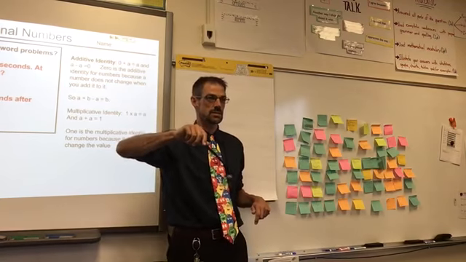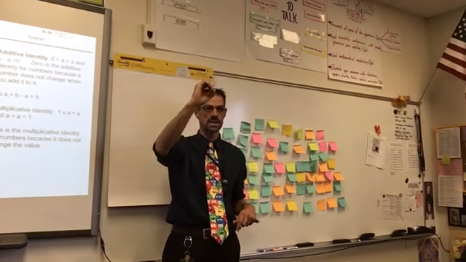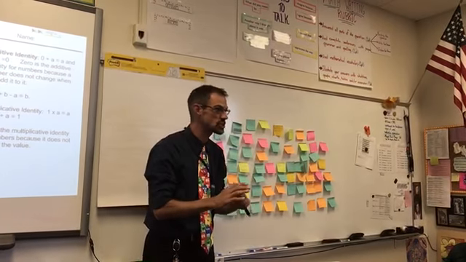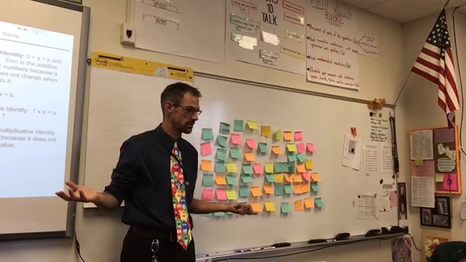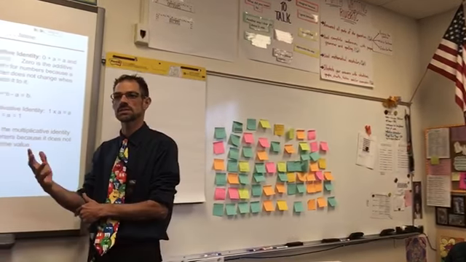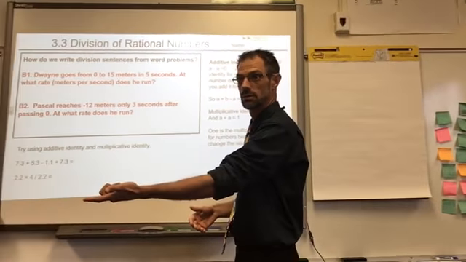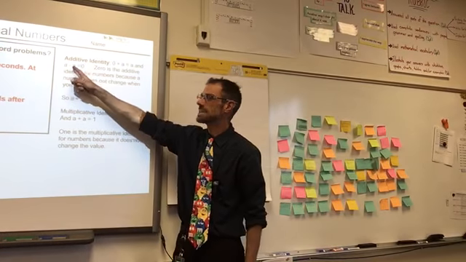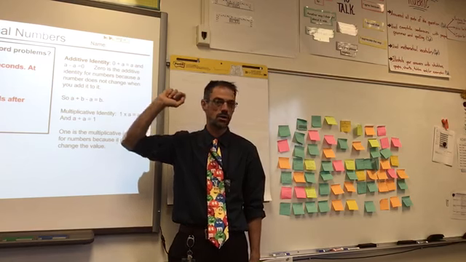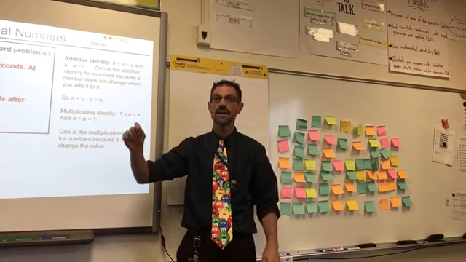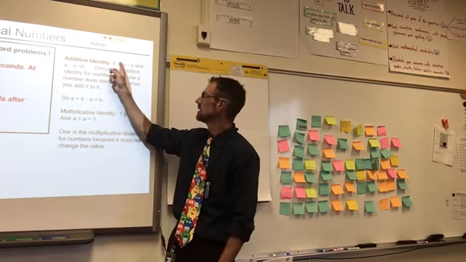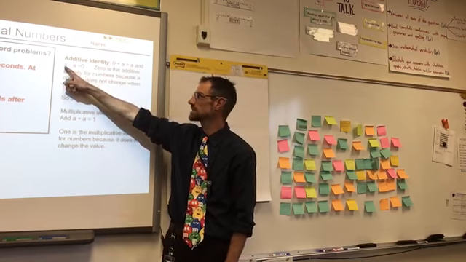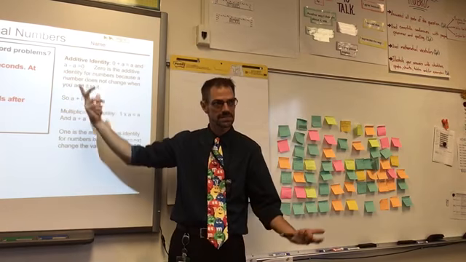Additive identity means 0 is the additive identity number. The reason why is it doesn't change any number that you add to it. Right? Anything plus 0 is that number. 0 plus 7 is 7. But the opposite of adding that number, if I was to subtract the same number, so here 0 plus a is a, but then the opposite, a minus a, is 0.